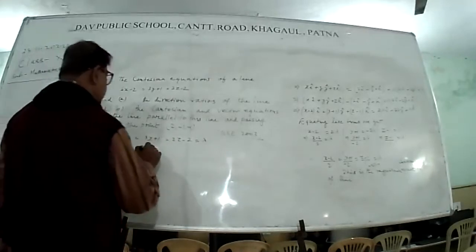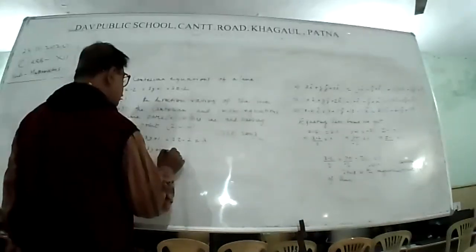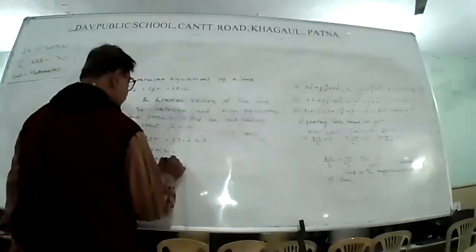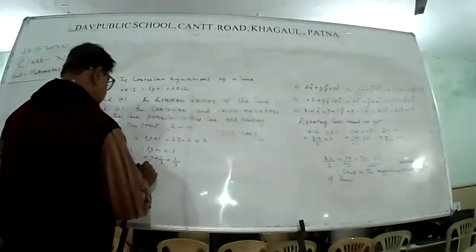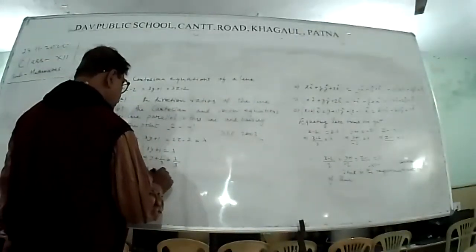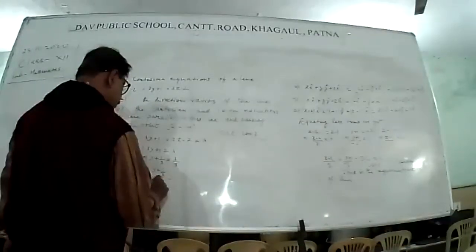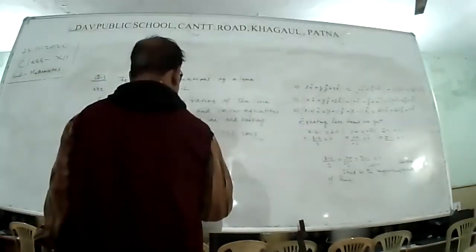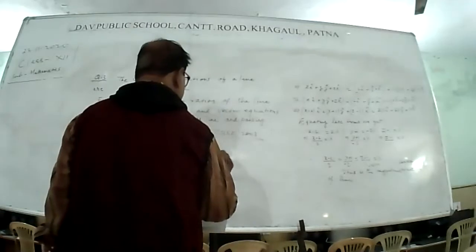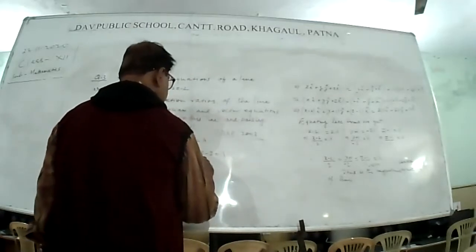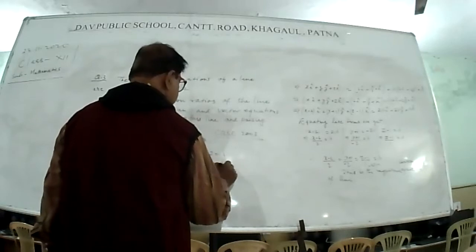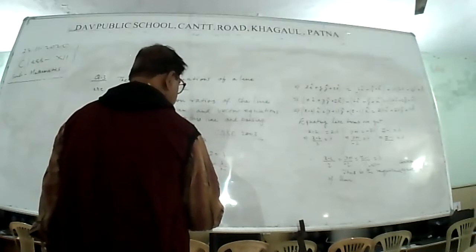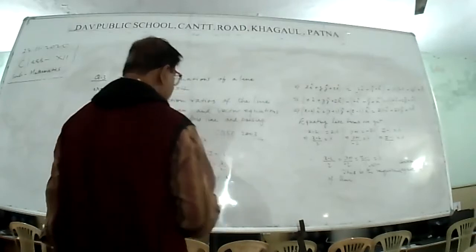Similarly, 3y plus 1 is equal to lambda. This implies y plus 1 by 3 is equal to lambda by 3. This implies y plus 1 by 3 upon 1 by 3 is equal to lambda. And similarly, 2z minus 2 is equal to lambda. This implies z minus 1 is equal to lambda by 2. This implies z minus 1 upon 1 by 2 is equal to lambda.